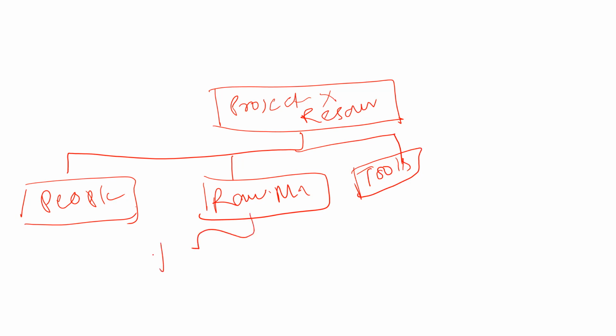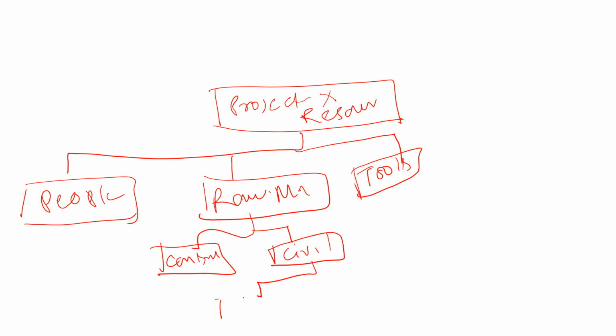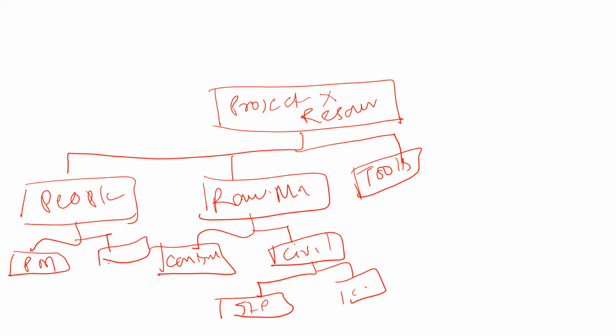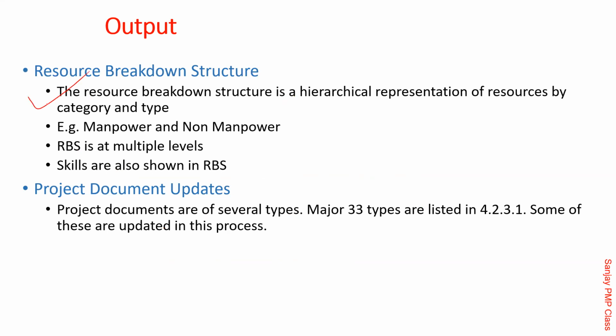Under raw material, you might have consumables, and the civil raw material. Under civil, you might have steel and cement. Under people, you might have the project management related people, the civil engineers, site engineers, and so on. A civil engineer may be labor. A hierarchical type of structure is called the resource breakdown structure, and we say it has multiple levels.